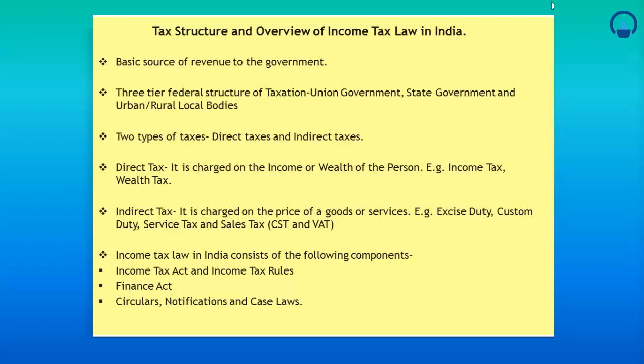The Indian taxation system has a 3-tier federal structure. The Constitution of India empowers these 3 bodies to impose the different duties and taxes prevalent in the country. The 3-tier federal structure is nothing but the union government, state governments, and rural and urban local bodies or municipal authorities.